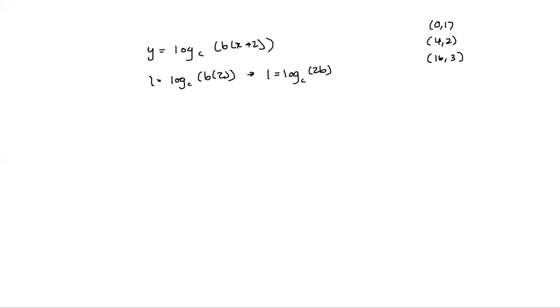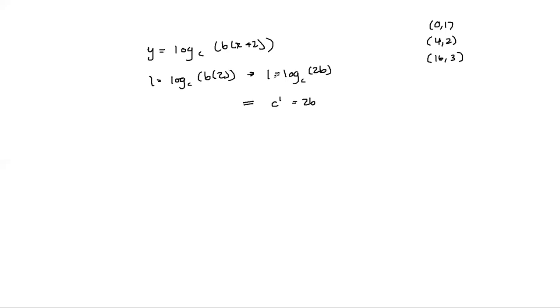And now, how do I do this? Again, we've seen another property of the logarithmic function, which shows us that this is equivalent to saying my base to the power of 1 is equal to 2b.